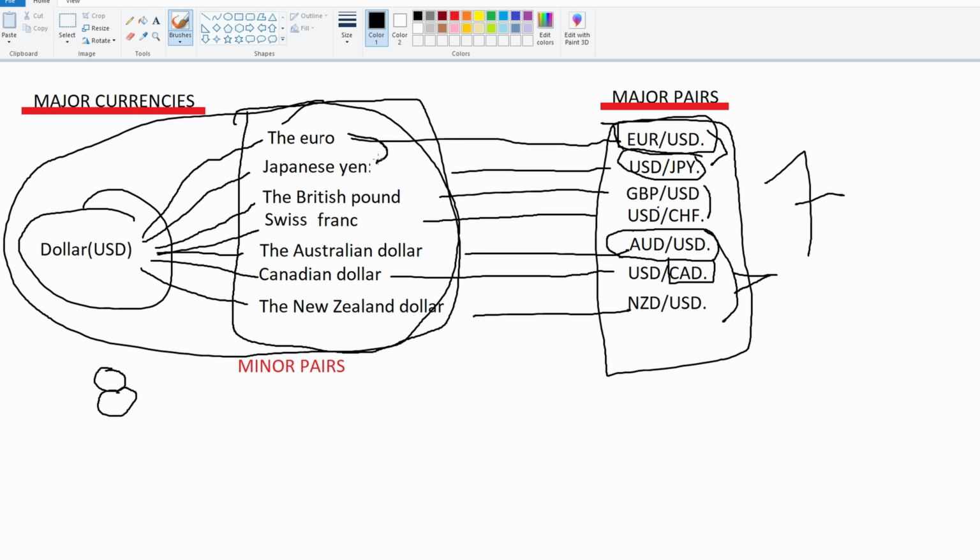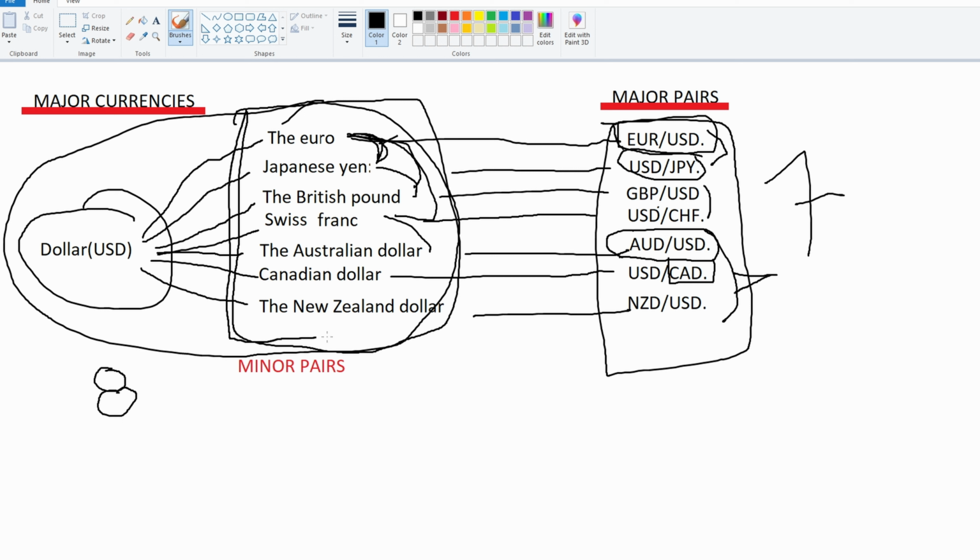So, for example, if you have the euro versus the Japanese yen, right? So euro JPY, that will be one pair. Or you can have the euro versus the British pound. That will be a minor pair. Or the euro versus the Swiss franc, and so on. And then you can have the British pound versus the yen, Swiss franc versus the Australian dollar.